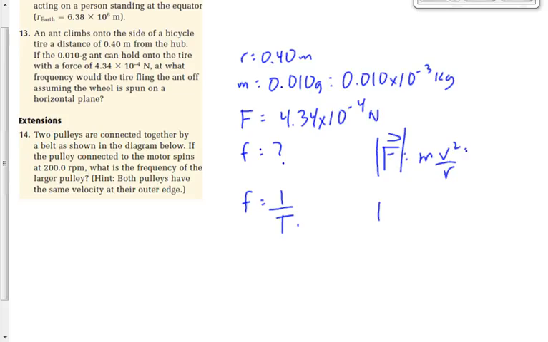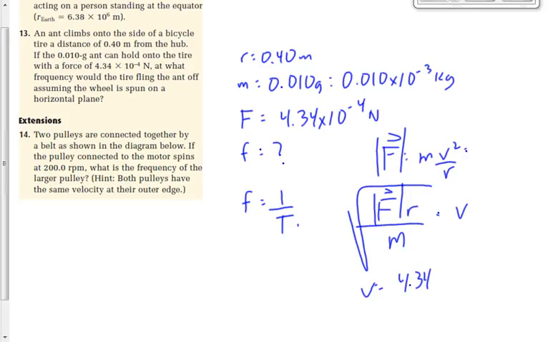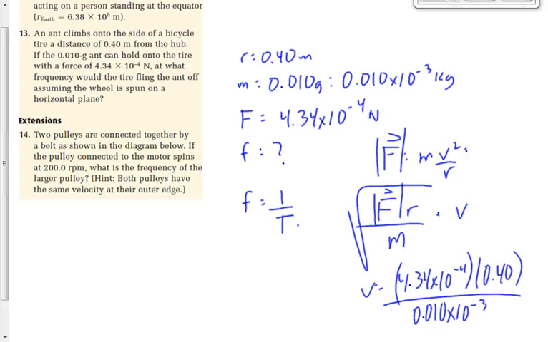F times r, divide that by m. Let's square root that to get v. So it's 4.34 times 10 to the minus 4 times 0.40 divided by 0.010 times 10 to the minus 3. And we've got to square root all that.